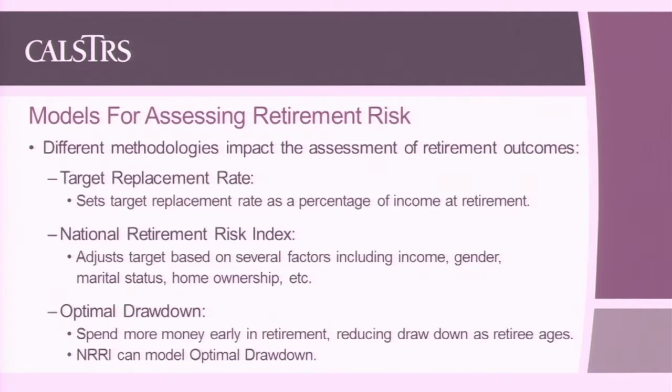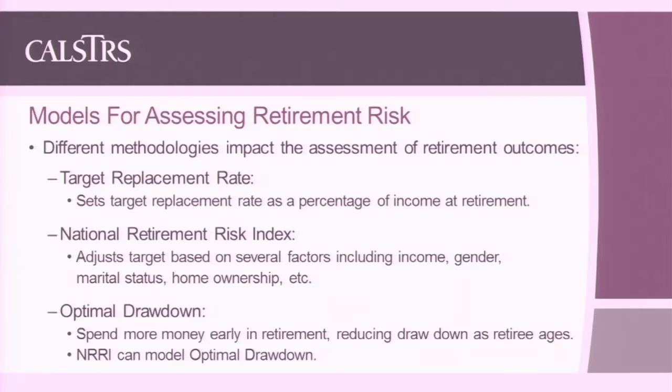So things like what your income status is, whether you're male or female and single or married and in a dual income household or not. That index produces kind of a middle-of-the-road assessment, and it's the index that we'll use when we look at the data and we look at the percentage at risk.